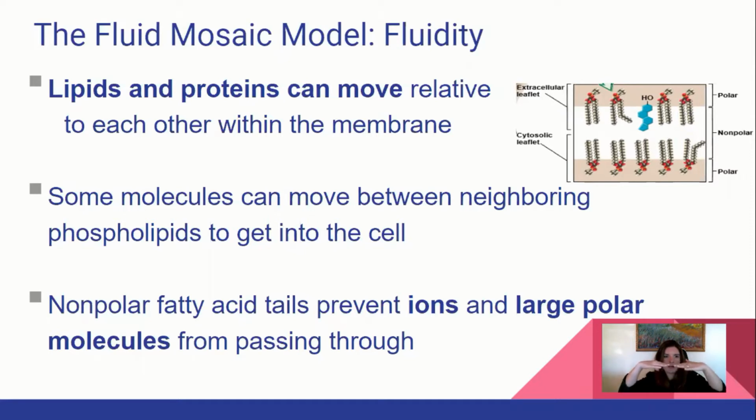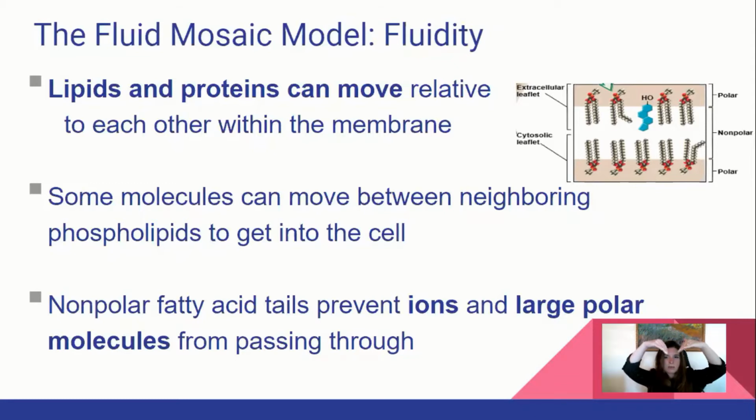As they're shifting, some molecules are going to be able to move between neighboring phospholipids to get to the cell. But which ones are able to do that is going to depend on their chemical properties and their size.